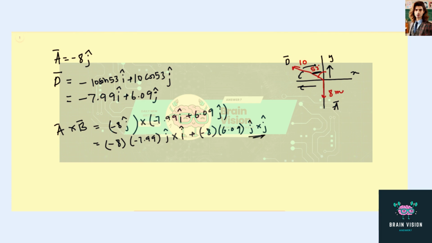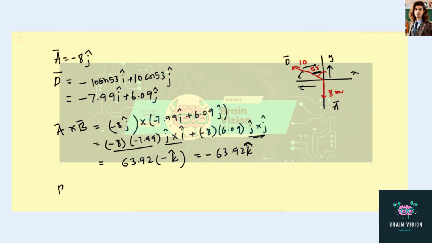We know that j cross j is 0 because j is parallel to itself, and this turns out to be 63.92. j cross i is minus k hat, which is minus 63.92 k hat.